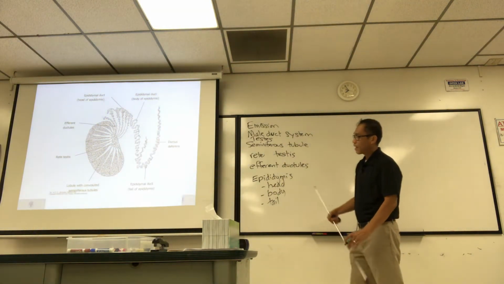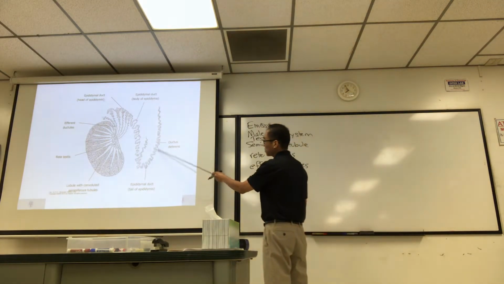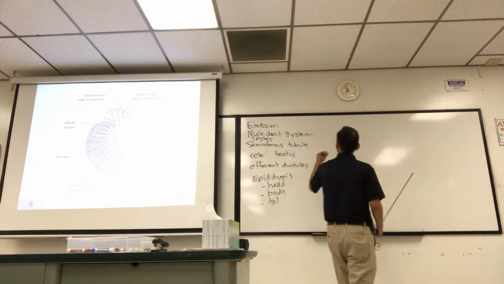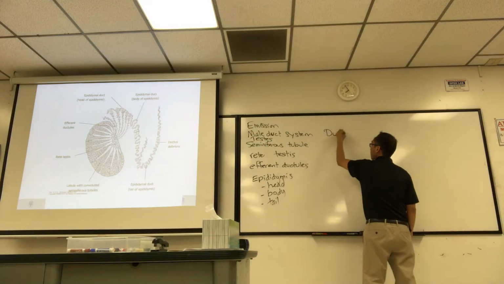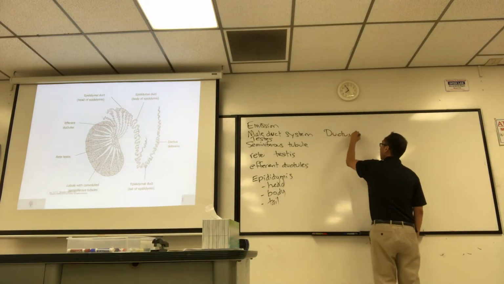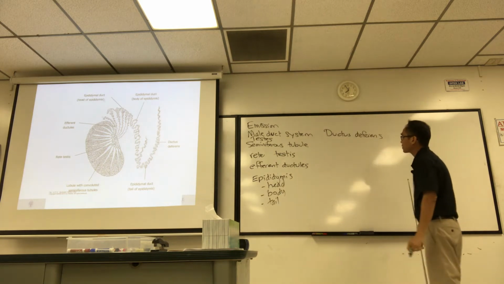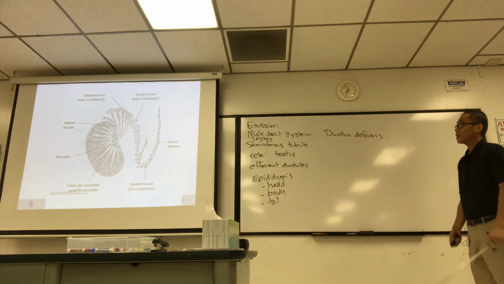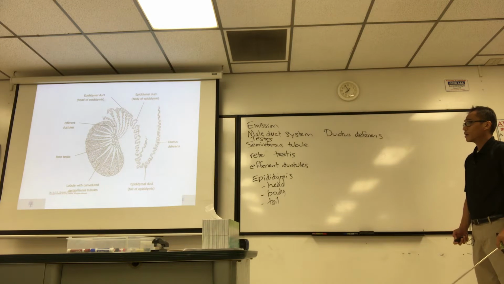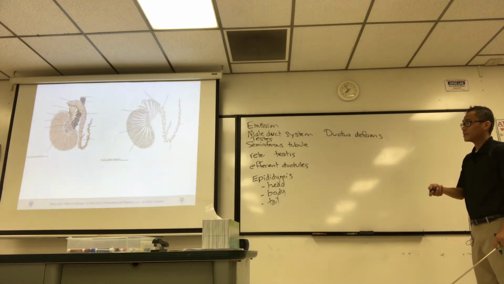Now, after that, you make this U-turn and then it becomes the ductus deferens. What's next? Now the ductus deferens, that's kind of when you get out of the testes.